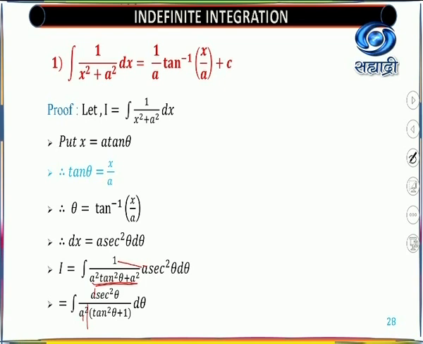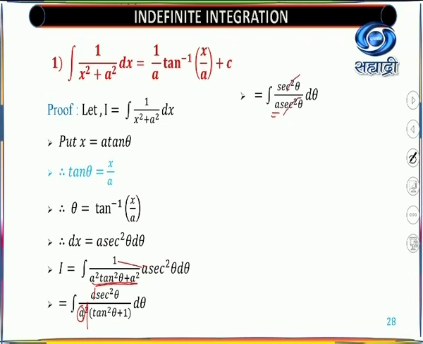So you get integral sec square theta upon a, and tan square theta plus 1 is sec square theta.